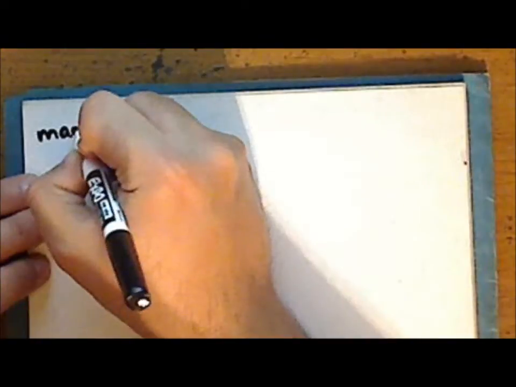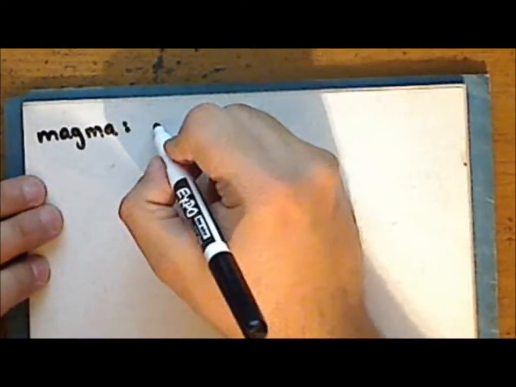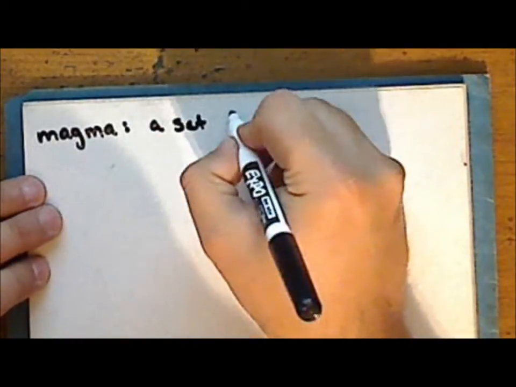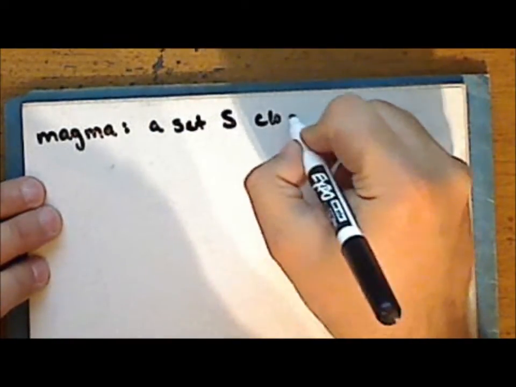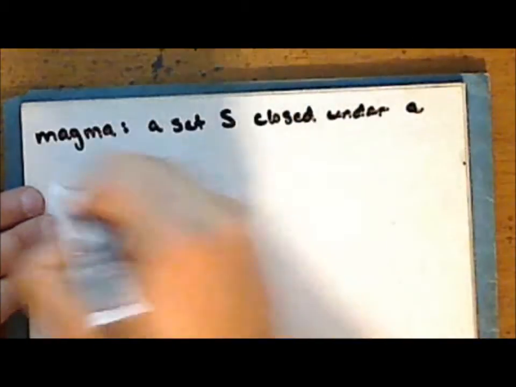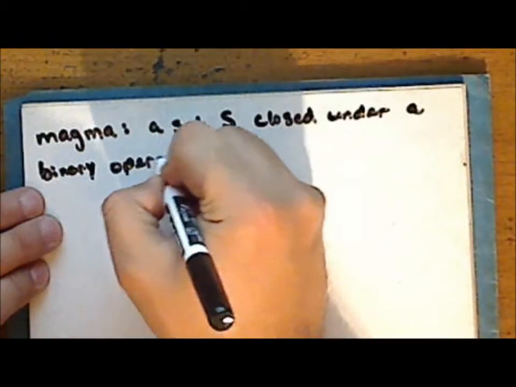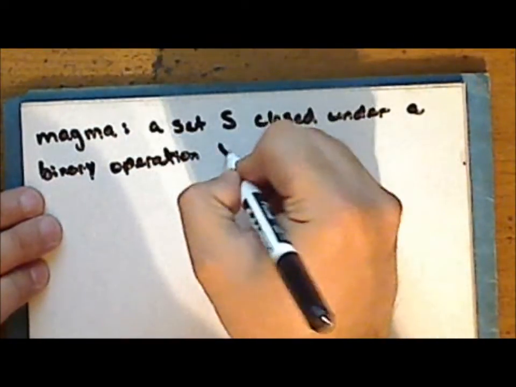Okay, so recall that in the last lecture we looked at a very basic binary algebraic structure called a magma, which consists of a set S closed under a binary operation which we denote with the symbol star.